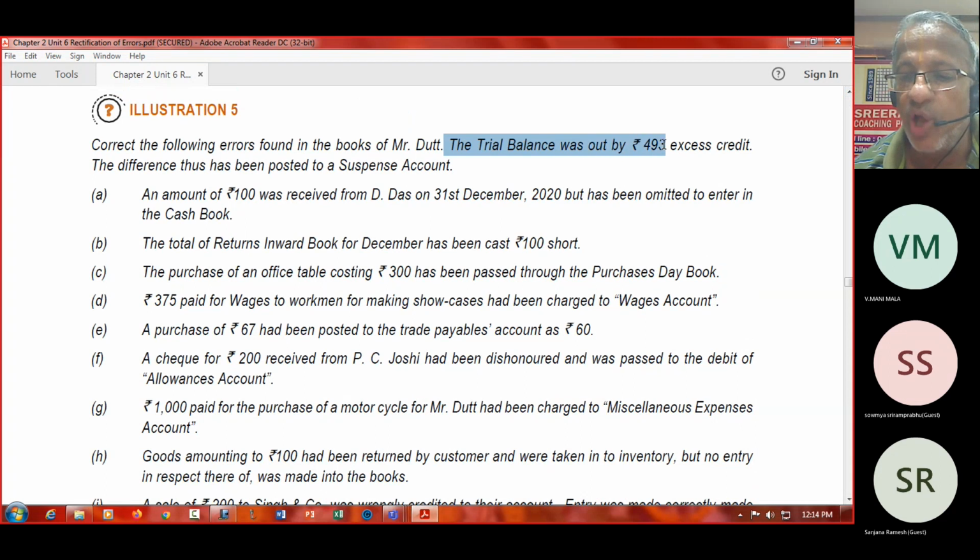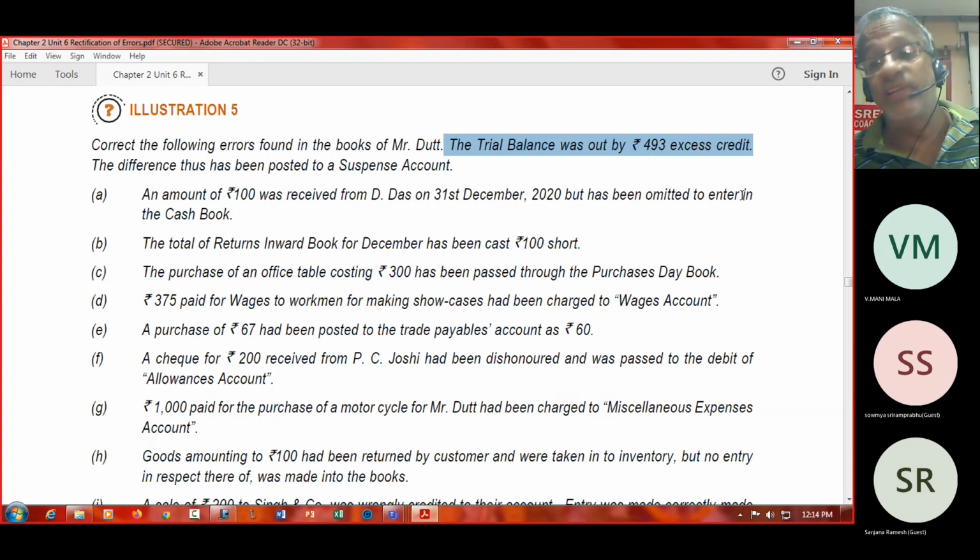The trial balance was out by 493 excess credit. That means your suspense account is showing a debit balance. How come? We have found that the trial balance is excess credit by 493.